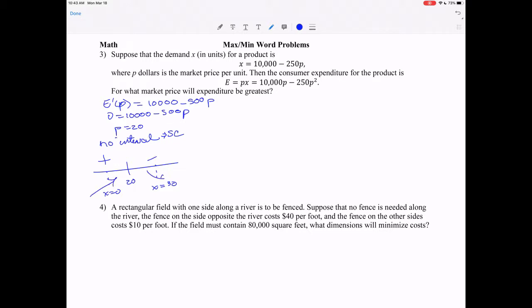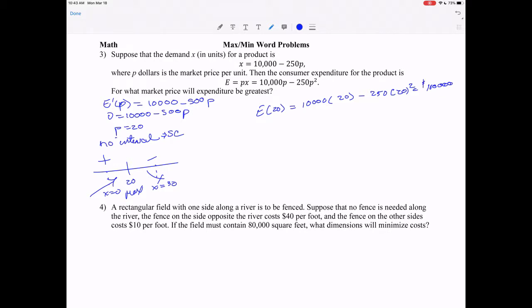So we're going up, then down. So this is our max. We find our market expenditure at 20 to yield a value of $100,000.